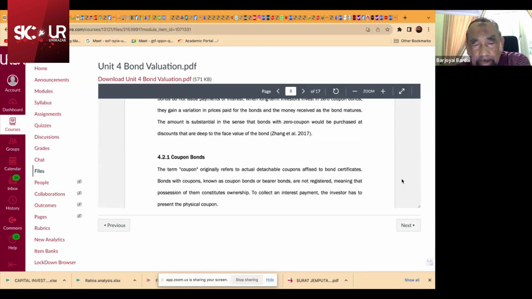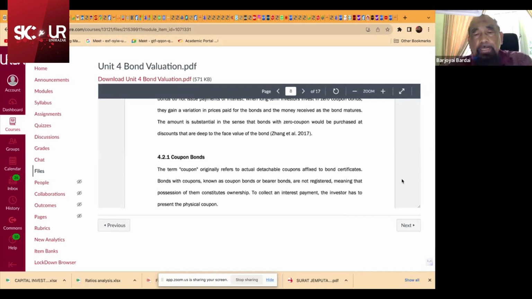The coupon bond. Coupon originally referred to the actual detachable coupon affixed to the bond certificate. Bonds with coupons, known as coupon bonds or bearer bonds, are not registered, meaning that the possession of this constitutes ownership, which is called the street name.